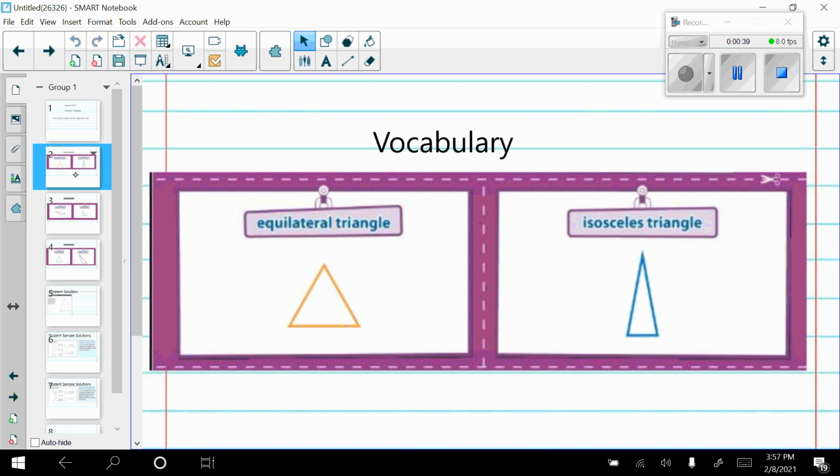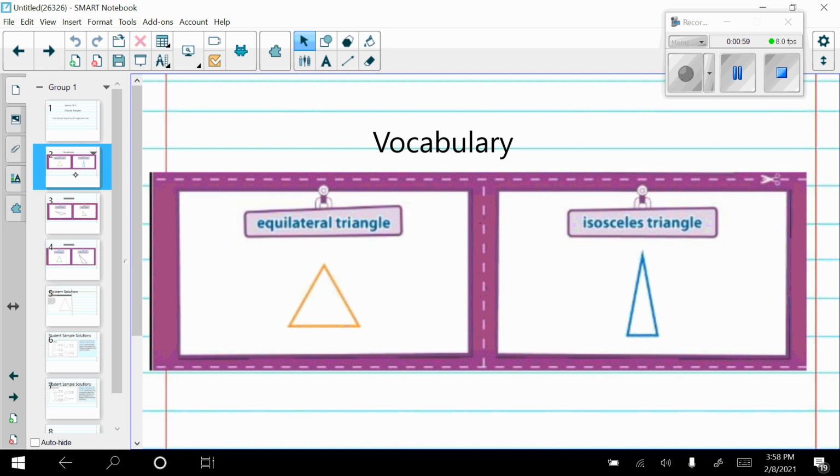Now that you've come back, I want you to draw and write an equilateral triangle. What I'm writing down, I want you to write in your notebook as well, which is going to be the definition for each of these classifications of triangles.